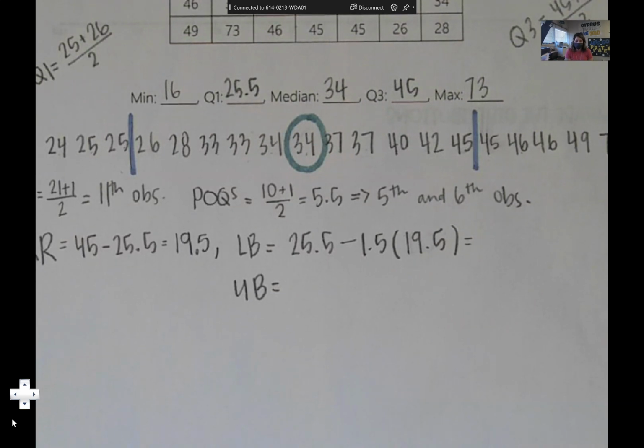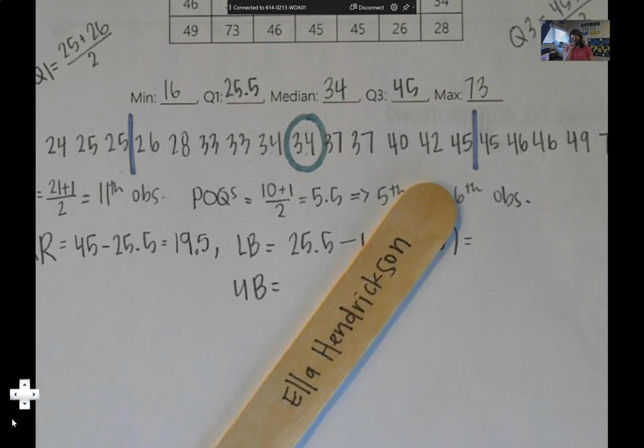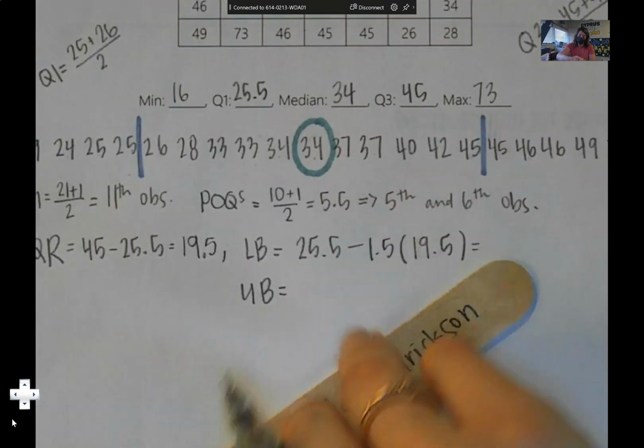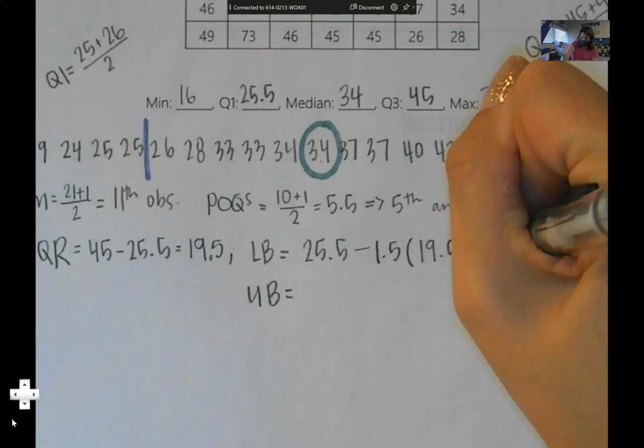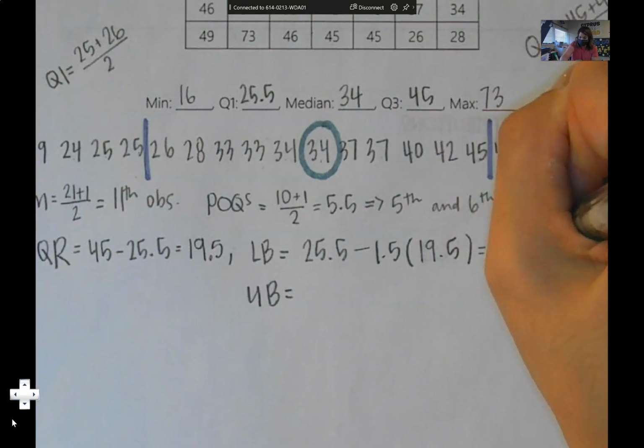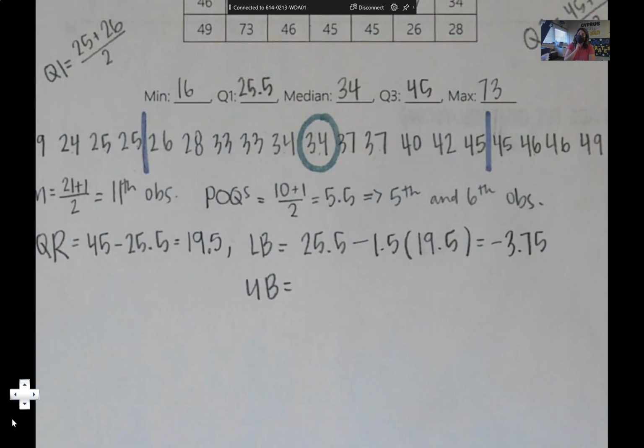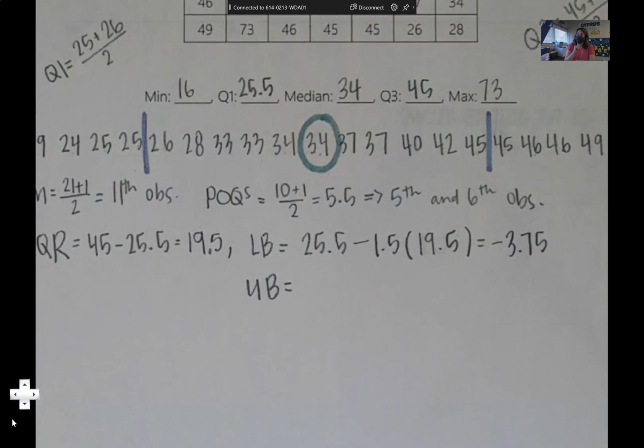Okay, this one goes to Ella. -3.75. So there are no outliers on the lower end because Barry Bonds can't hit negative numbers of home runs.